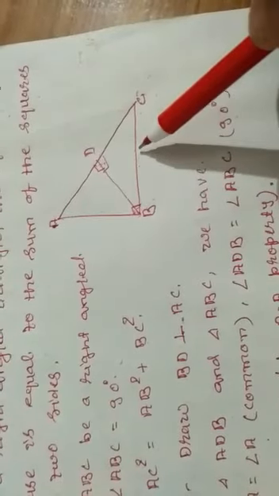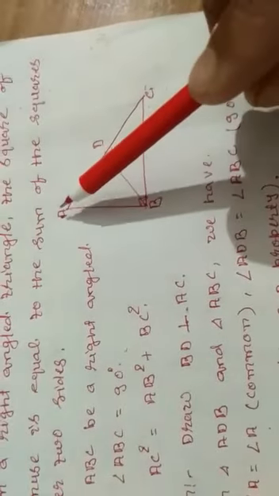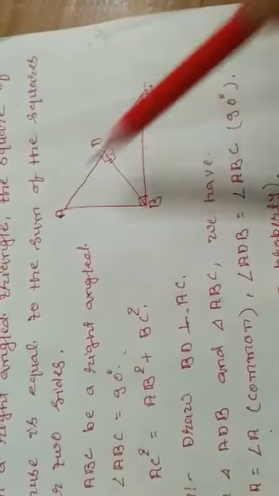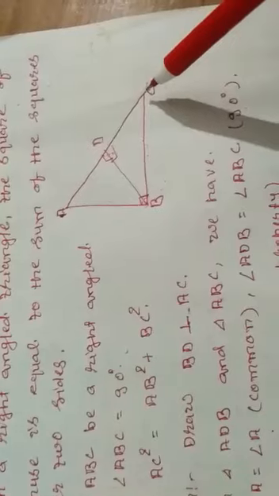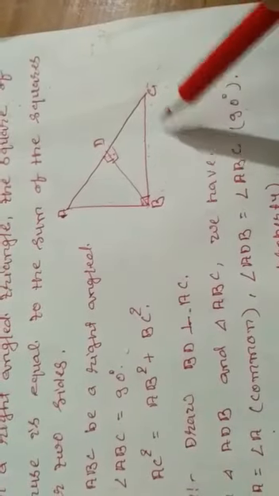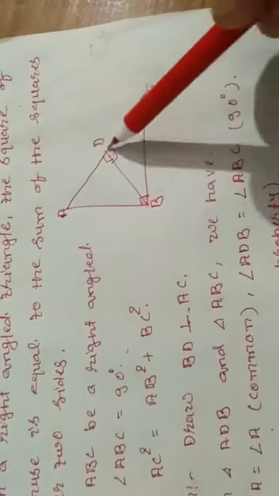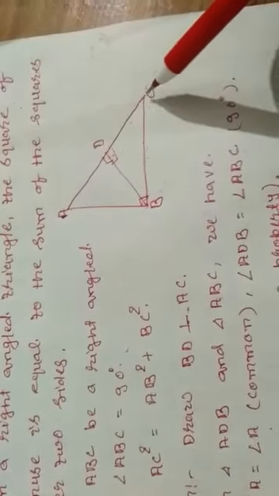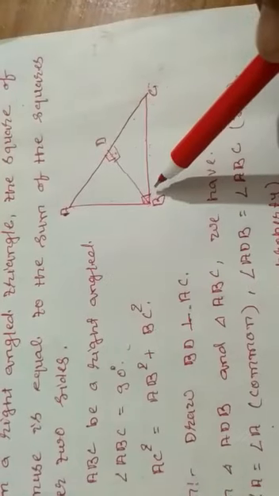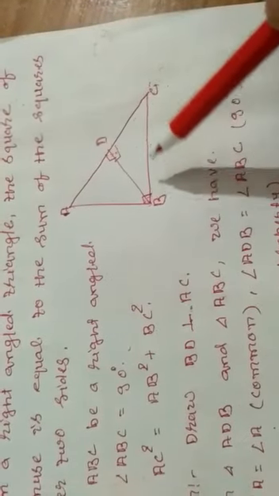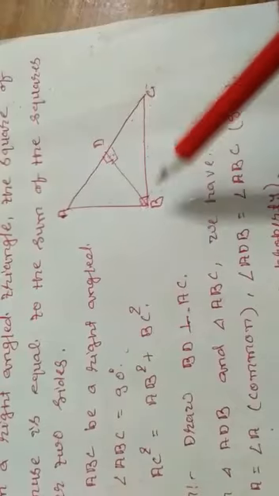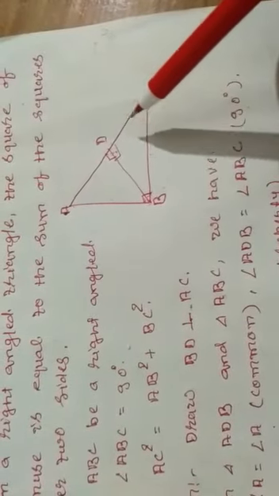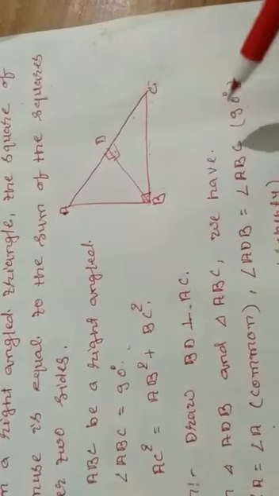So it will be proportional to the corresponding hypotenuse of the larger triangle ABC, that is AC. And CD is the base of the smaller triangle CDB, and the base of the larger triangle ABC is BC. So base is proportional to base.